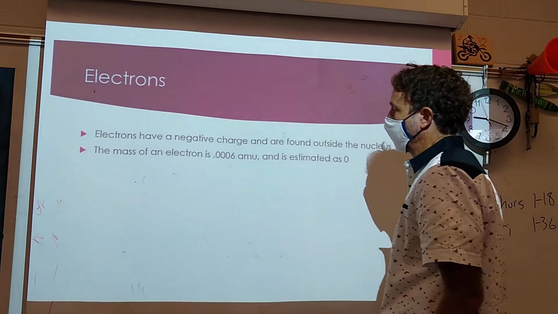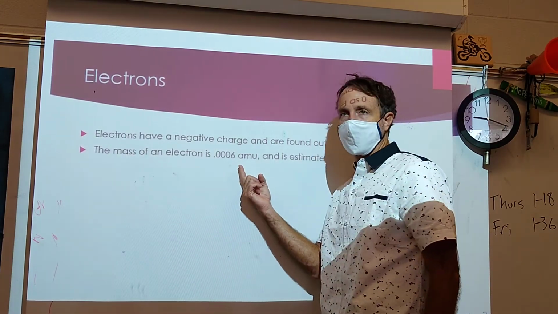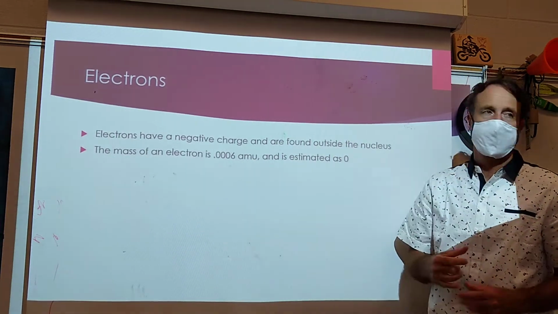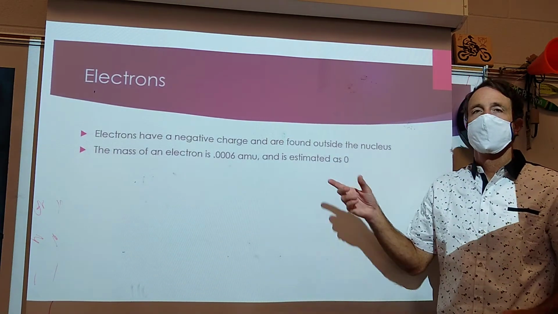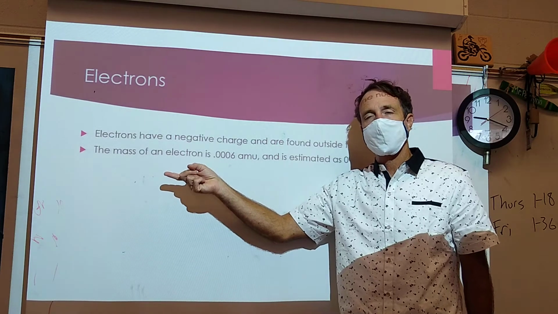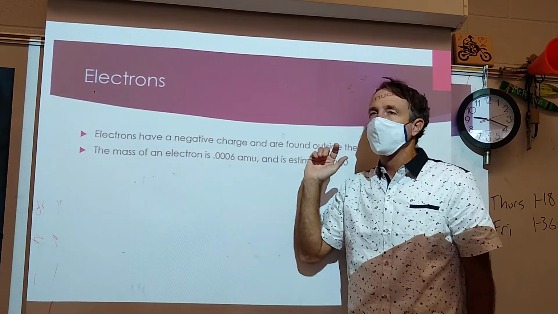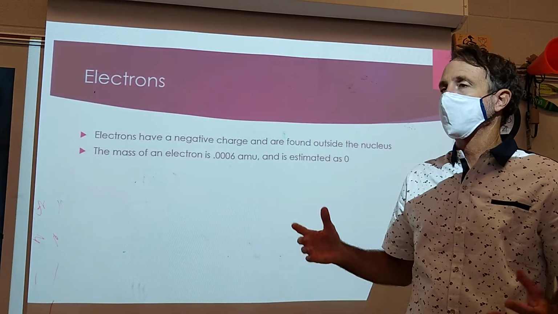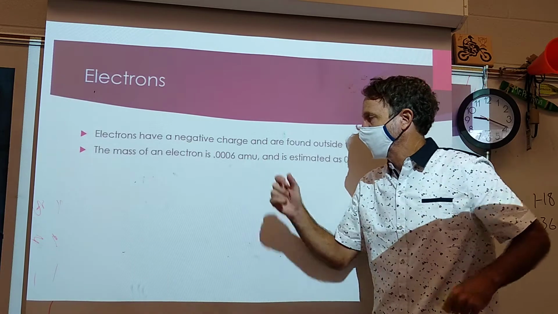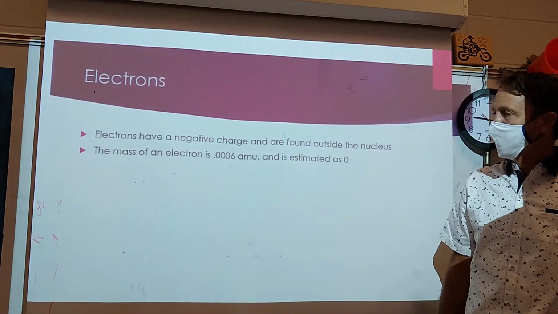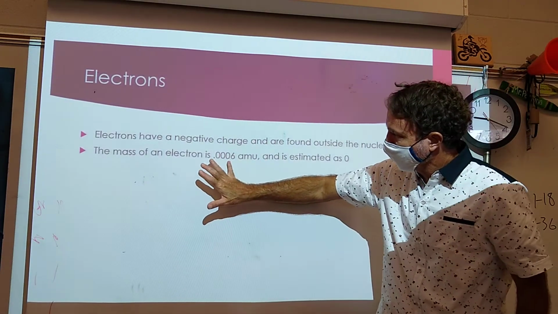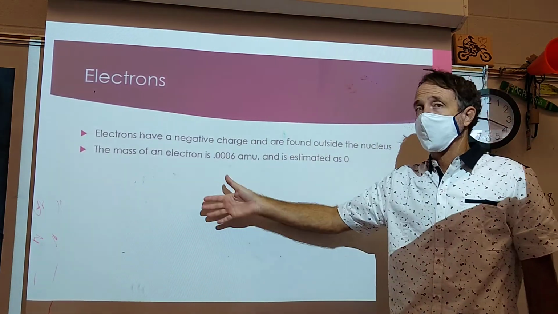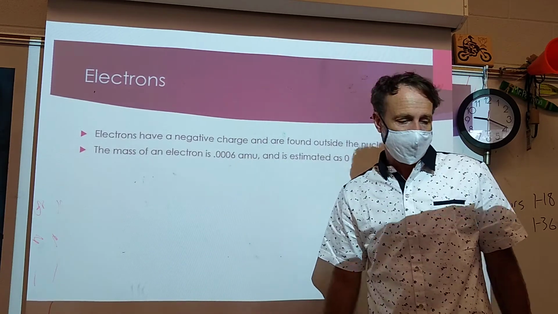The mass of an electron is 6/10,000ths the mass of a proton or a neutron. 0.006 of the mass of a proton or neutron. So when we're doing calculations with electrons, we calculate their mass as 0. Of course they have some mass, but we calculate their mass as 0 when we estimate it, because it's only 6/10,000ths of a proton. Or it only has a mass of 6/10,000ths of a neutron.